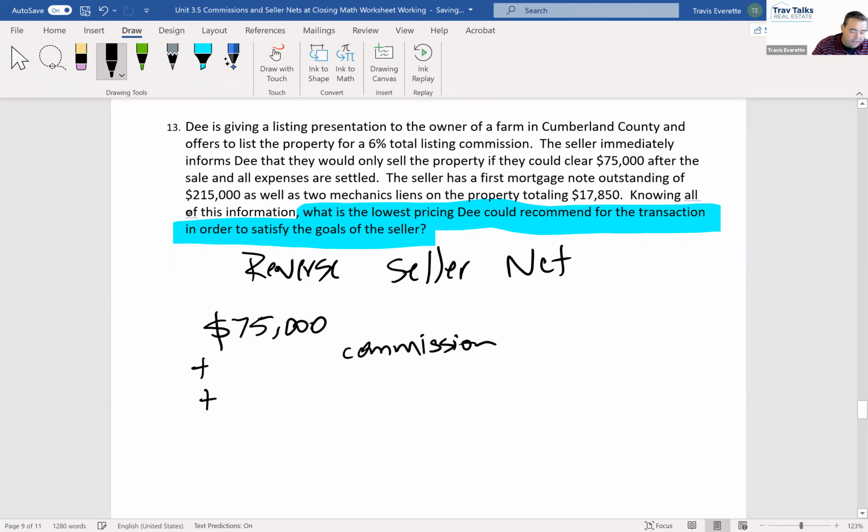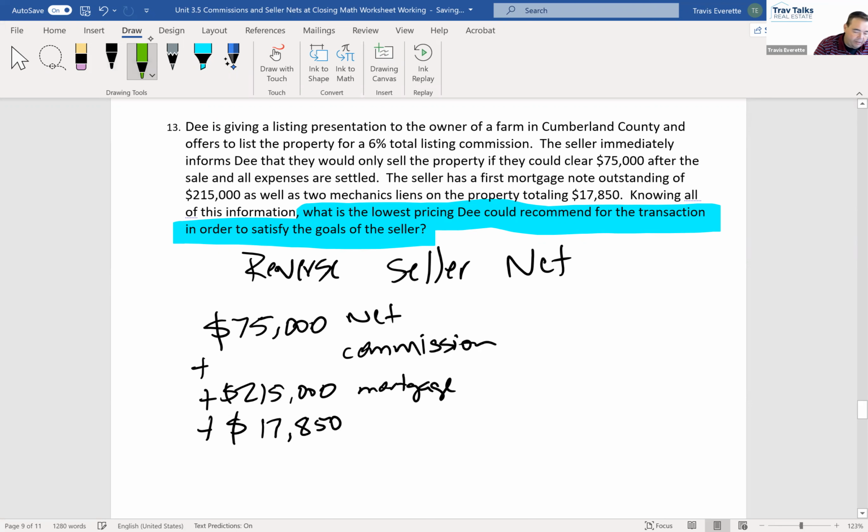They need to pay off that mortgage note of $215,000. That one I do know. And they have 2 mechanics liens that they need to pay off of $17,850. Well, again, same situation.